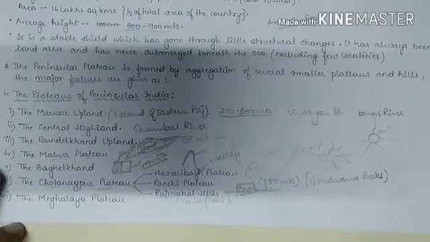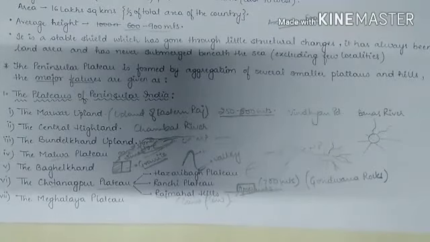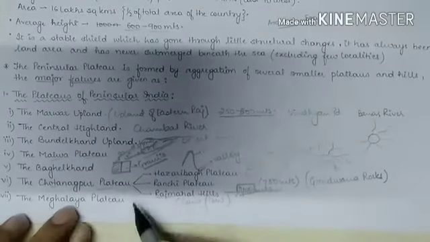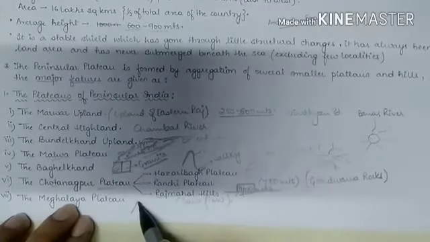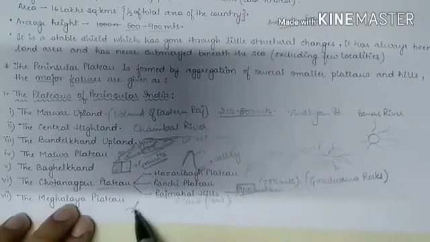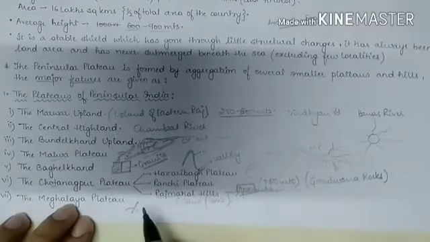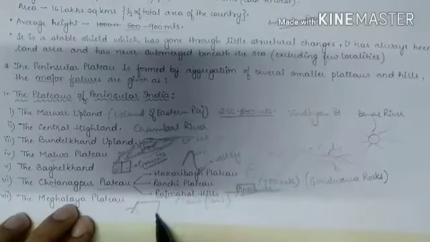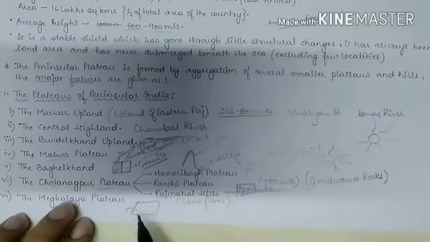Then we have Meghalaya Plateau. Meghalaya Plateau is a detached part of the Peninsular Plateau of India. It extends from the northeast part of Rajmahal Hills, and it has a rectangular shape.